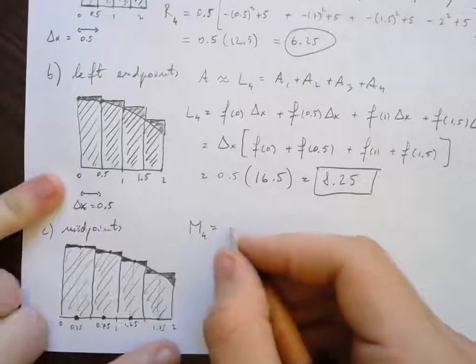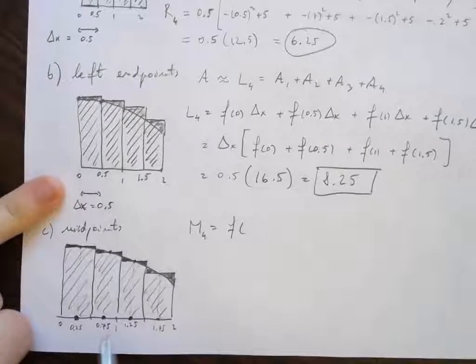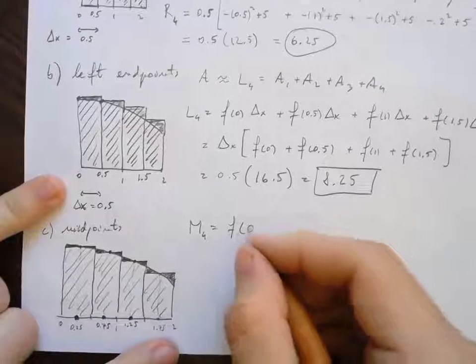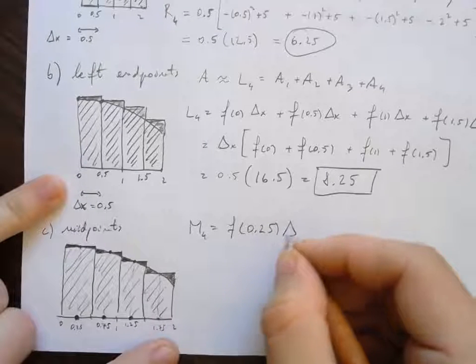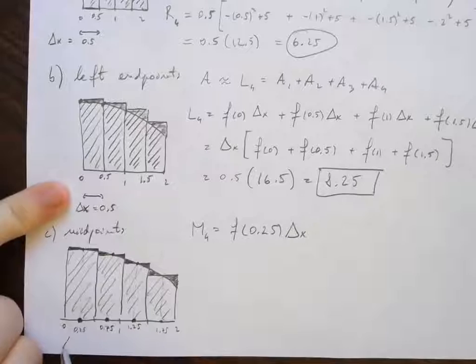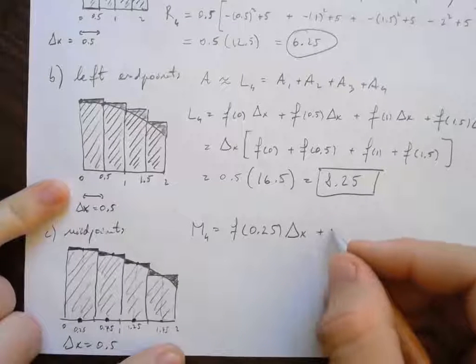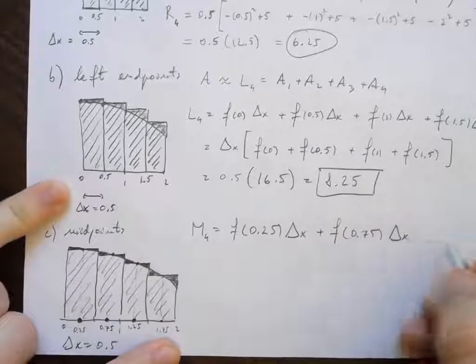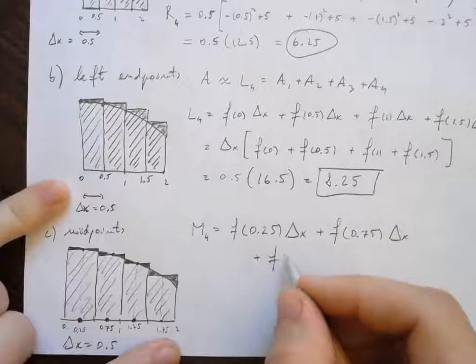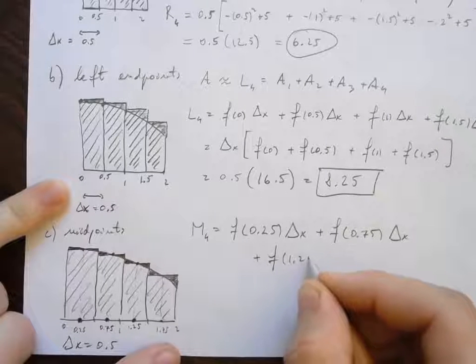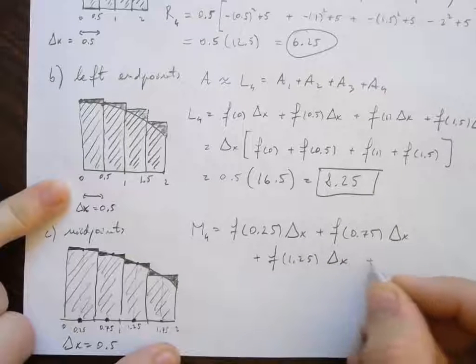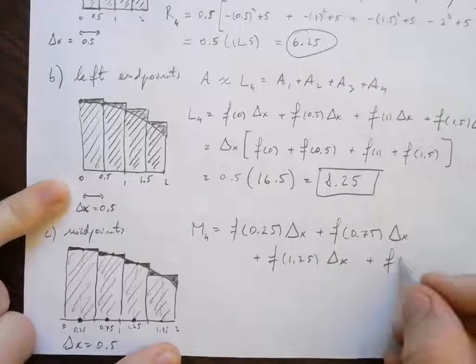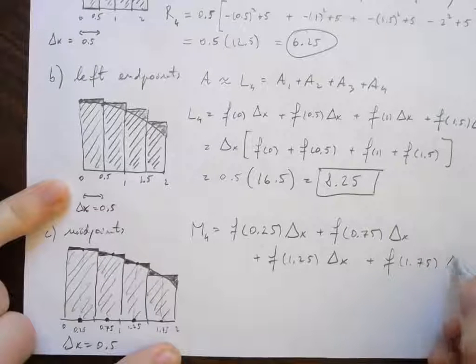The area of the first rectangle, it's the height, which I'm going to use the midpoint, so f of 0.25 times the delta x, which of course is the same, it's still 0.5, plus f of, now I have 0.75 times the delta x, plus the third one is f of 1.25 times the delta x, plus lastly is f of 1.75 times the delta x.